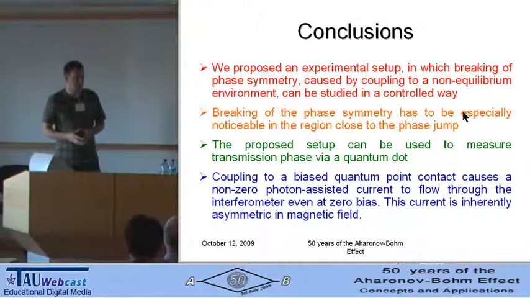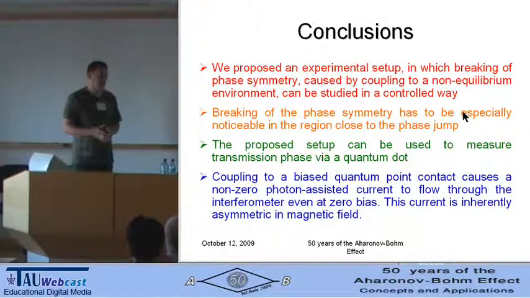Can you also clarify, please, what is exactly the difference between what you consider as conventional way to determine the phase and your way of determining the phase? I mean, in both cases you measure conductance, isn't it? Right, but the difference is that there are three ways of breaking the phase rigidity, as I showed.